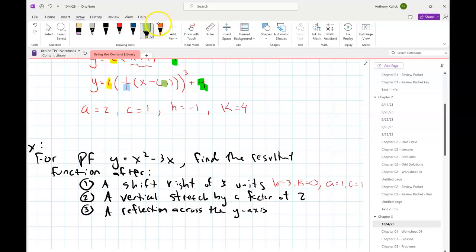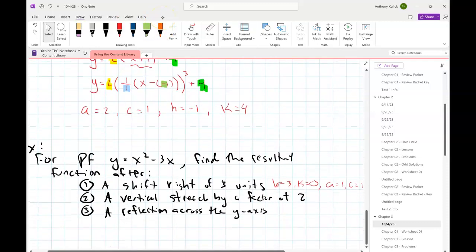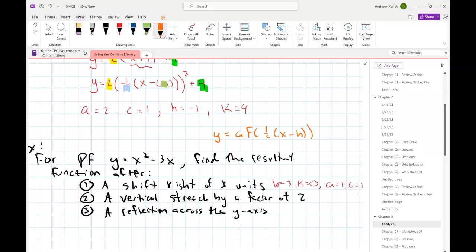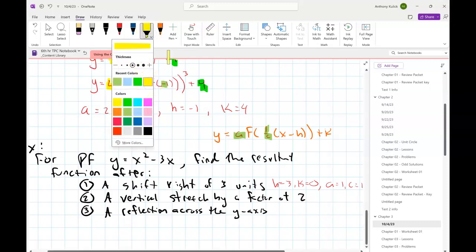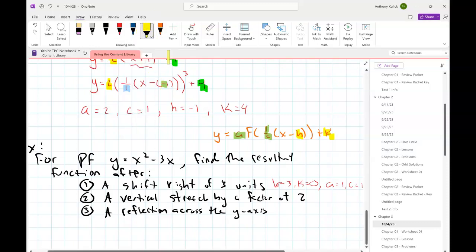If I look at my general function, A and C are being multiplied. So if they're not doing anything, they should be 1s, because when I multiply by 1, it doesn't do anything. H and K are being added, so when those don't do anything, they should be 0s, because when I add or subtract by 0, it doesn't do anything. Everybody's okay with that?